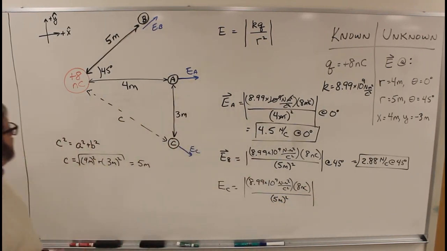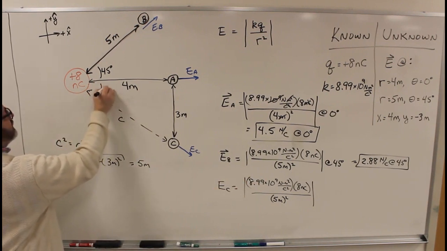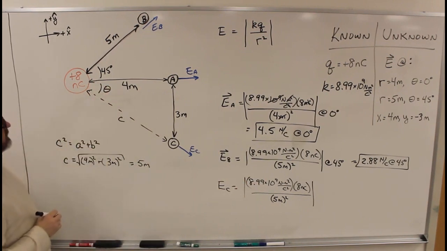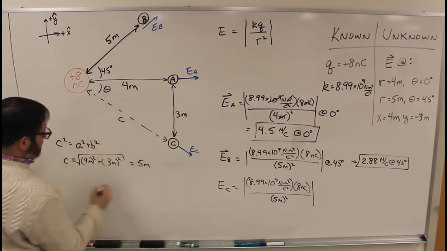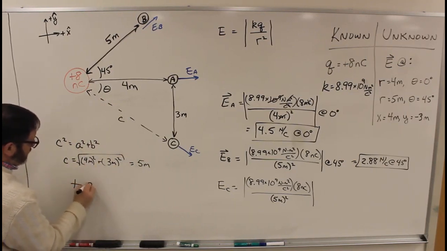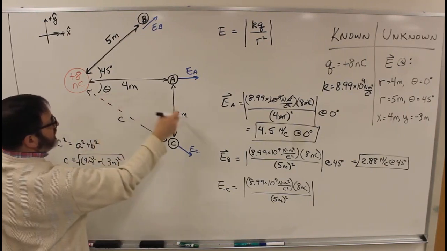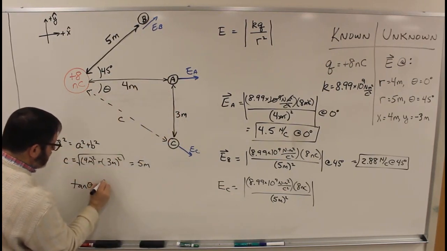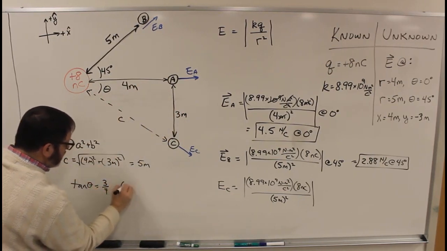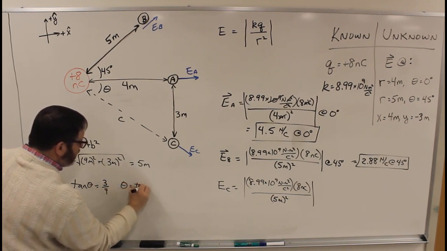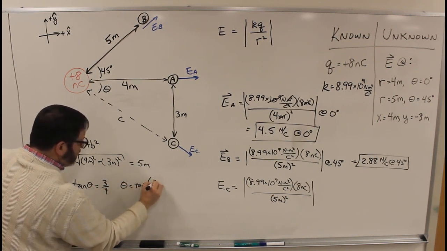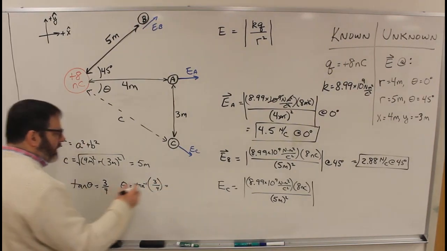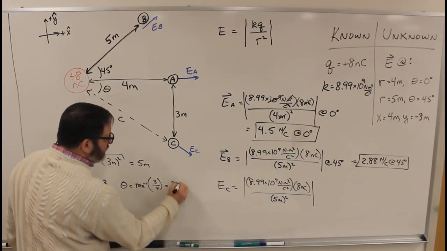At what angle? Well, this angle, theta, I know the tangent of theta is opposite over adjacent, so 3 over 4. So theta is inverse tan of 3/4. And that gives me 37 degrees.